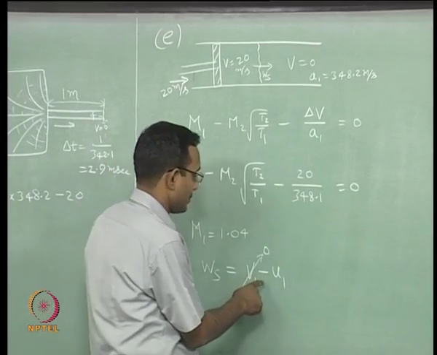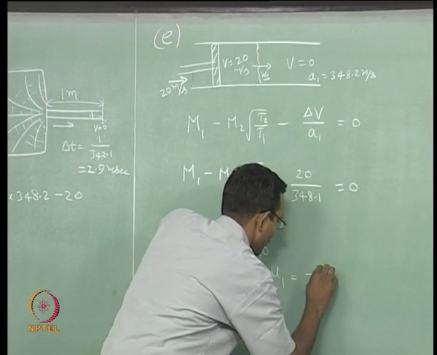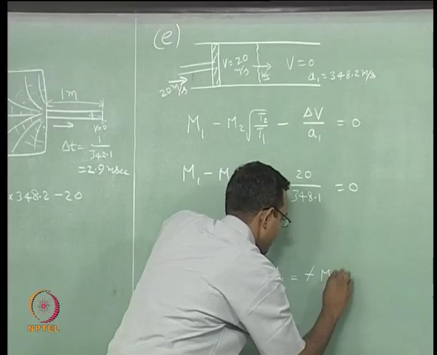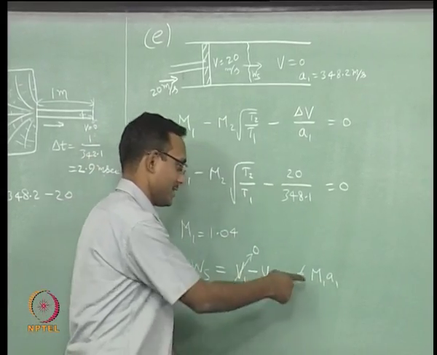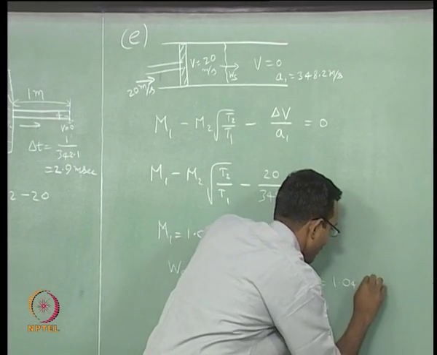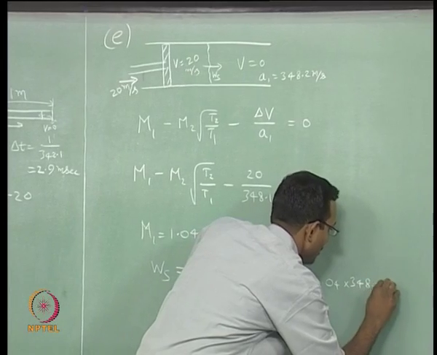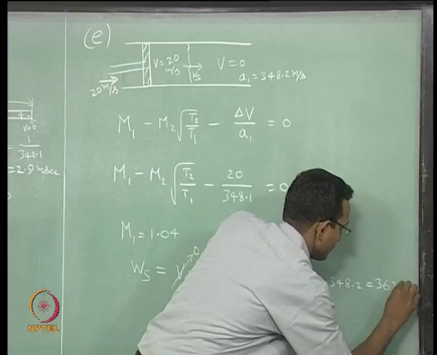Okay. So, it will just be minus of U1, which is equal to minus of minus M1A1. Remember, we used U1 as minus M1A1, so that minus gets cancelled. So, this number will come out to be 1.04 multiplied by 348.2, which is 362.1 meter per second.